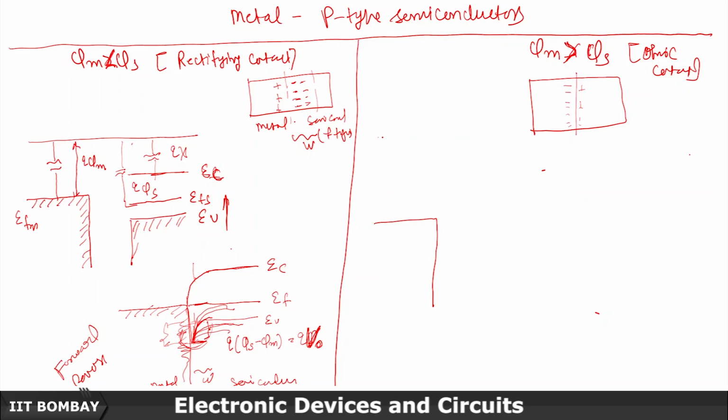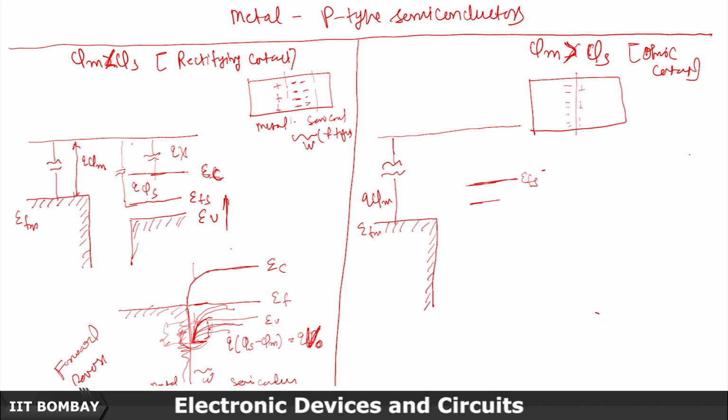So let's say this is the vacuum level, and this is q phi m, and this is EFM. Here, since phi m is larger than phi s, it will be something like this, q phi s.